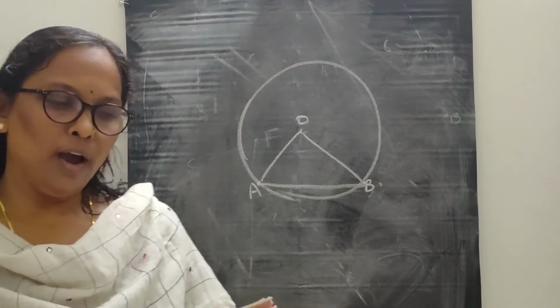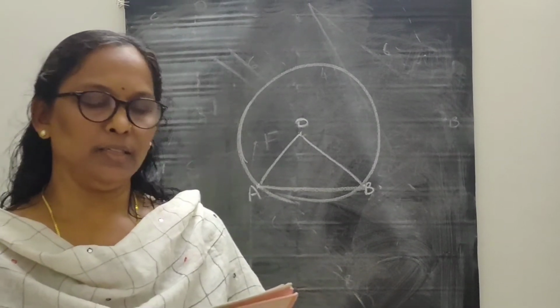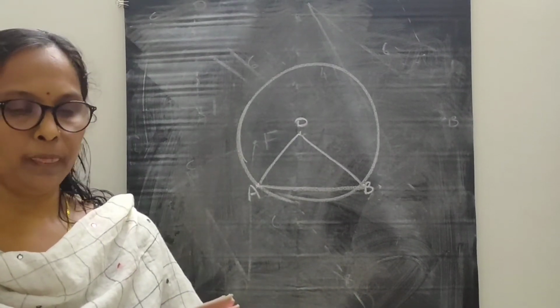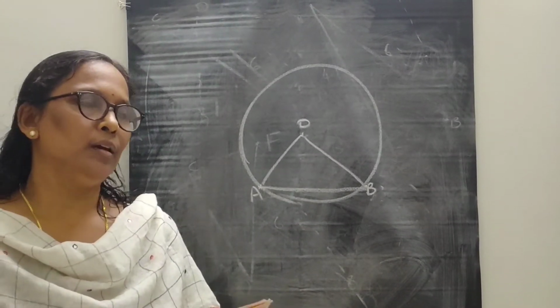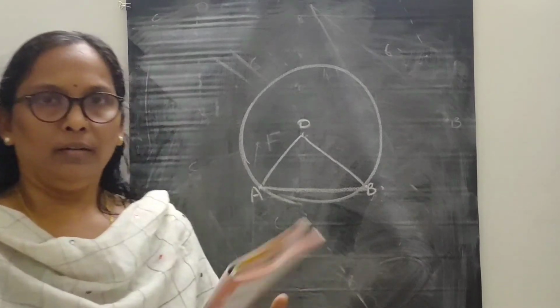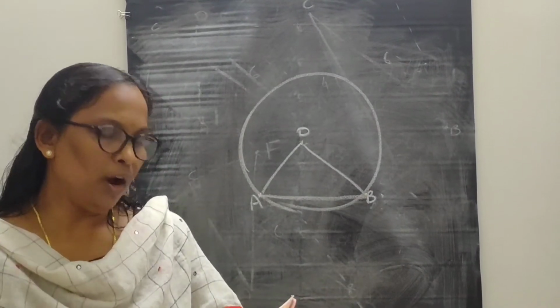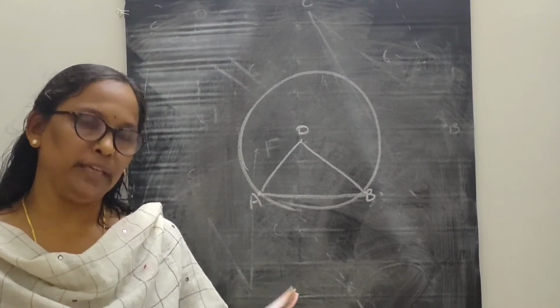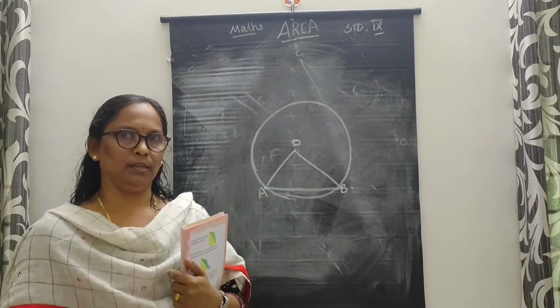Then draw another triangle of the same area with all three vertices on the circle. Another triangle with the same area. Same area means, where should be the third vertex? The question is, you have to draw another triangle with the same area and all three vertices on the circle.